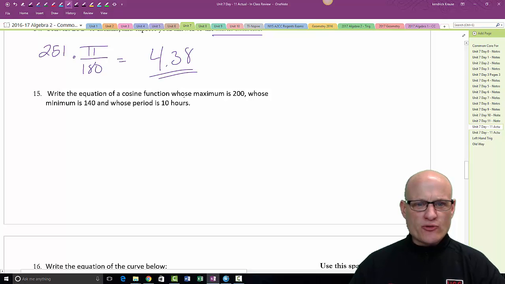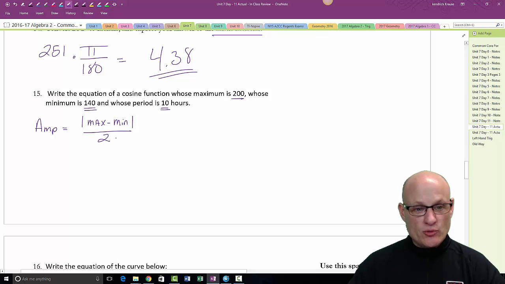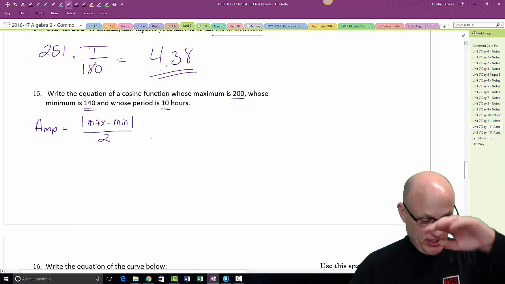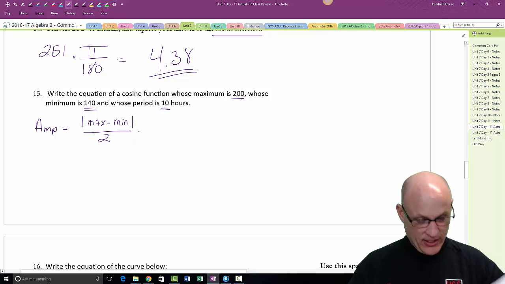Write the equation of the cosine function whose maximum is 200, whose minimum is 140, and whose period is 10 hours. So let's talk about amplitude. Now you remember we have a formula for amplitude. It's the absolute value of max minus min over 2, because that will give you the average, which is going to give you the middle value of this, correct?